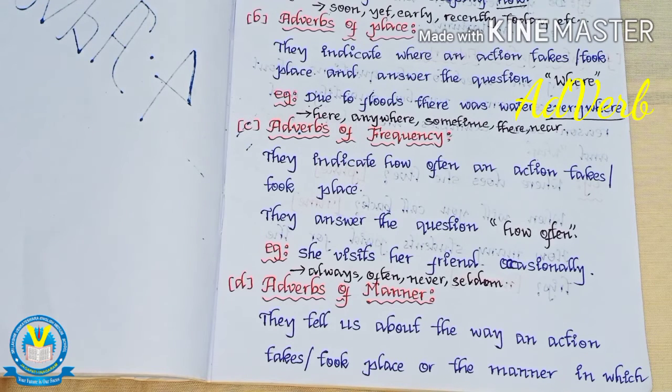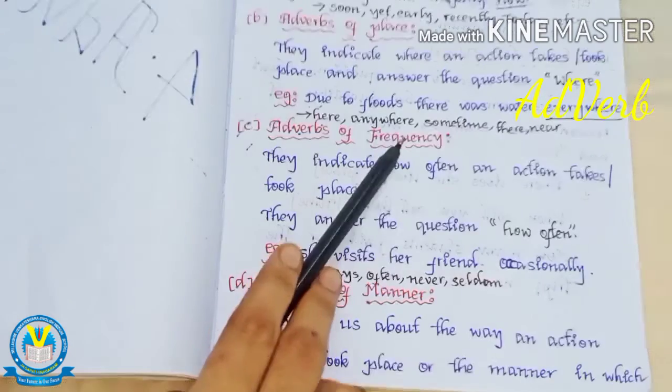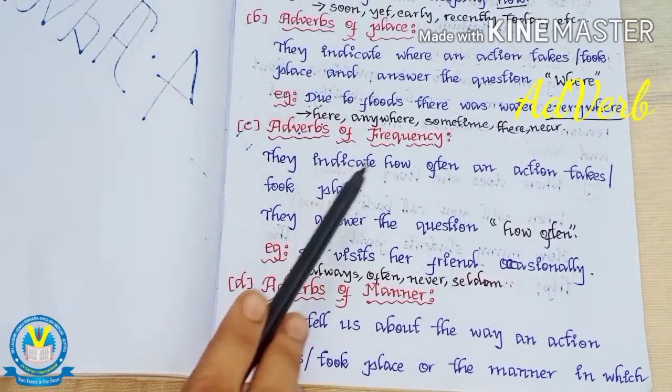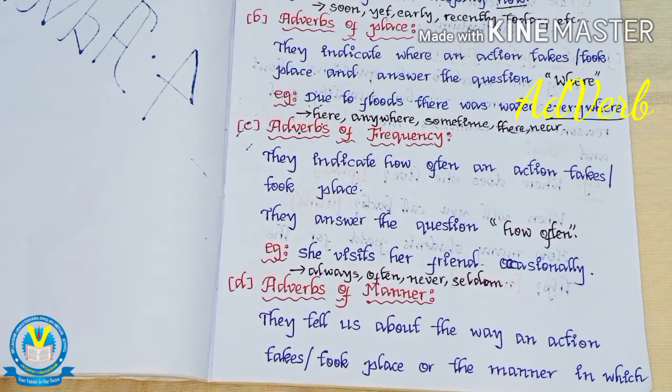We celebrate it once per year, right? So not only festivals, some incidents take place at a particular time interval, a gap, which indicates the frequency. So clear children? Adverbs of frequency indicate how often an action takes place and took place.